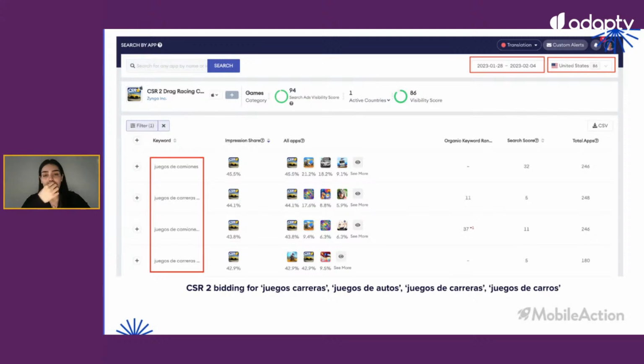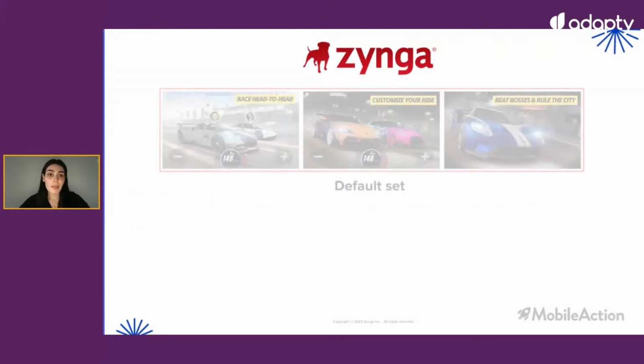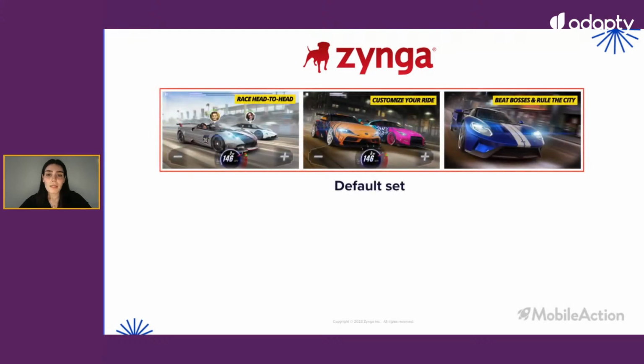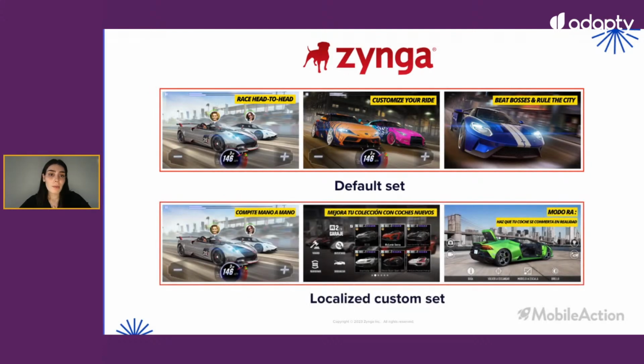And these are high intent paid keywords as they target a specific user base. CSR2 as the top search result will probably convert these users at a high rate. So why limit the impact of this by showing the creatives in English? Instead, CSR2 can address its Spanish-speaking audience in the US with these creatives.